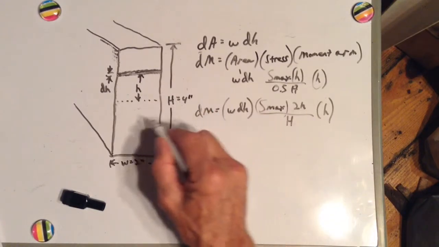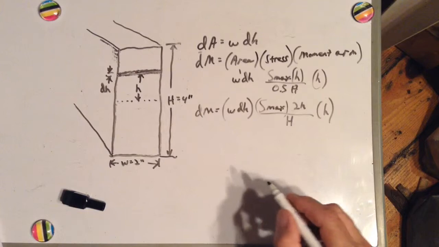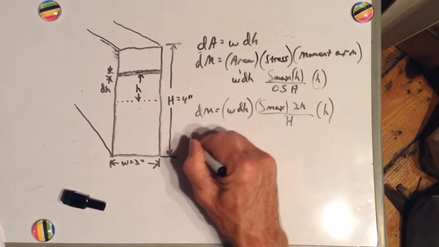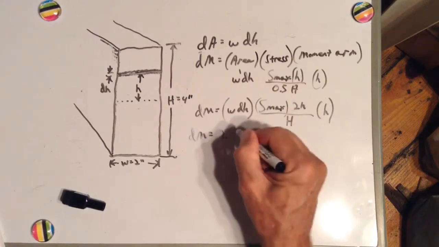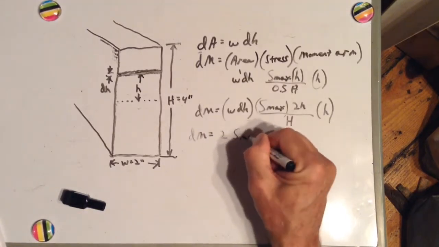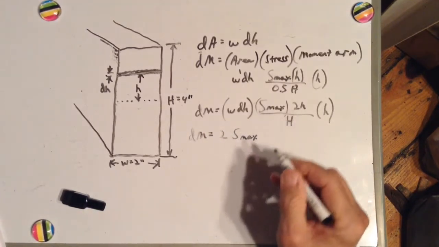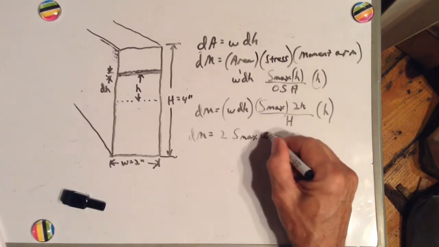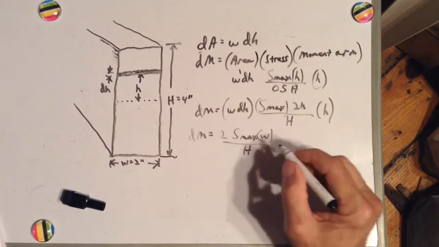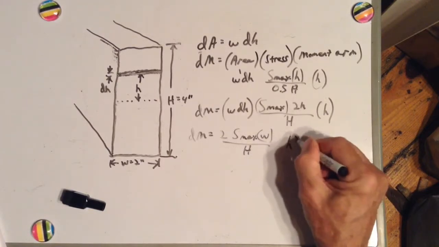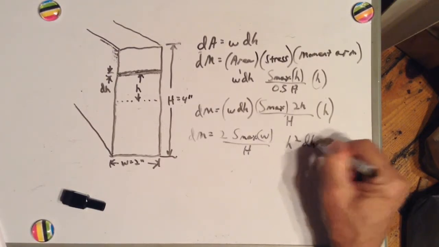And w, the width across there, is not a function of h. So let's say dm equals 2 times maximum stress times w over H times h squared dh.